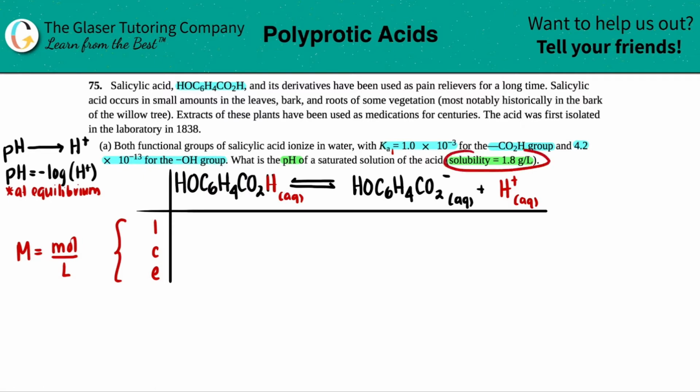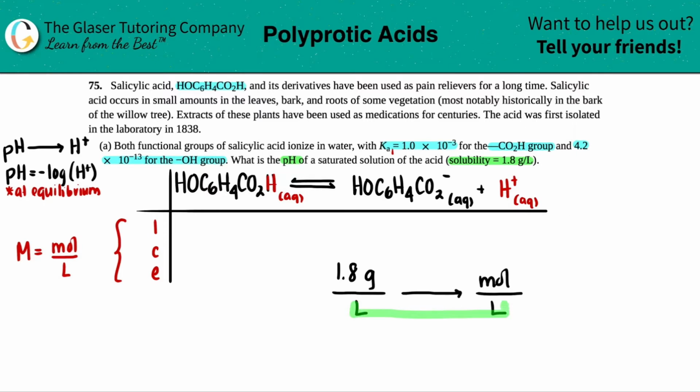But they gave us a solubility of 1.8 grams per liter. If we want to use this chart, we just have to convert the top unit into moles per liter. The liter is exactly the same, so we don't have to do anything for that. The only thing is that we have to convert the grams into moles. We know how to convert grams into moles. That was way back in the day, Gen Chem 1. So let's just do it quickly.